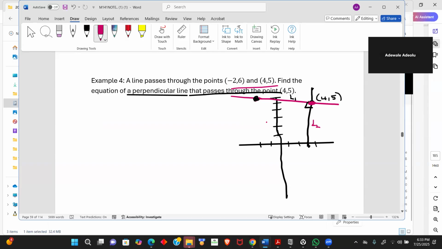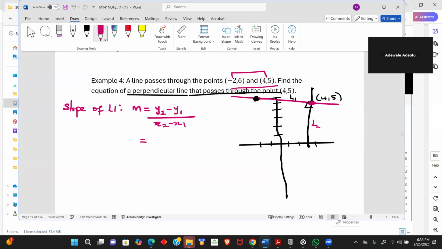Okay, so what do we need to do? Well, all we need to do is find the slope of line 1, because that will tell us something about the slope of the second line. Is that true? Yes. Slope of line 1 can be found by saying m equals y2 minus y1 divided by x2 minus x1.